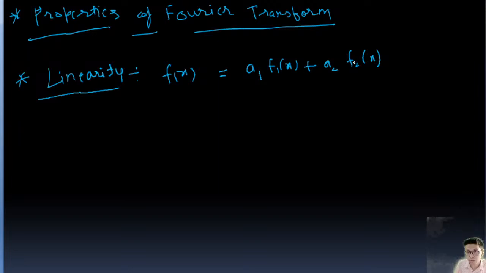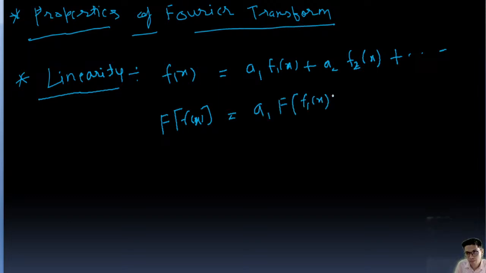This is the linearity definition. In the case of Fourier transform, the Fourier transform of f(x) is going to be a1 times the Fourier transform of f1(x) plus a2 times the Fourier transform of f2(x) plus so on. This is the linearity property.